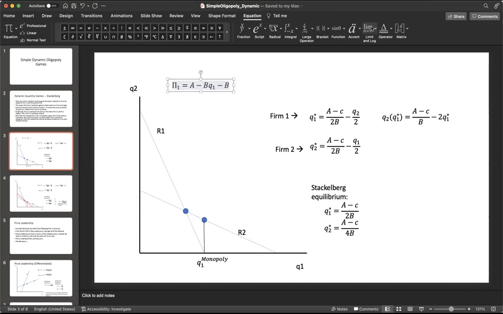Minus B, sorry, Q2. And then all of this times what? Q1, then minus C, tapos Q1. So that is the profit for firm 1.